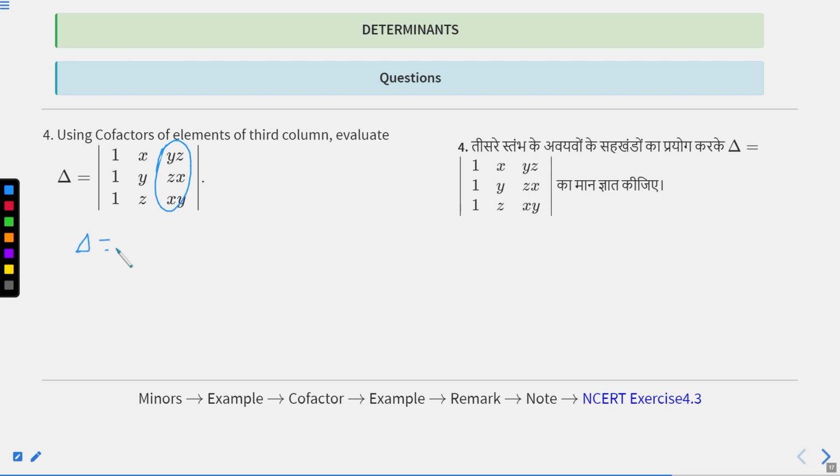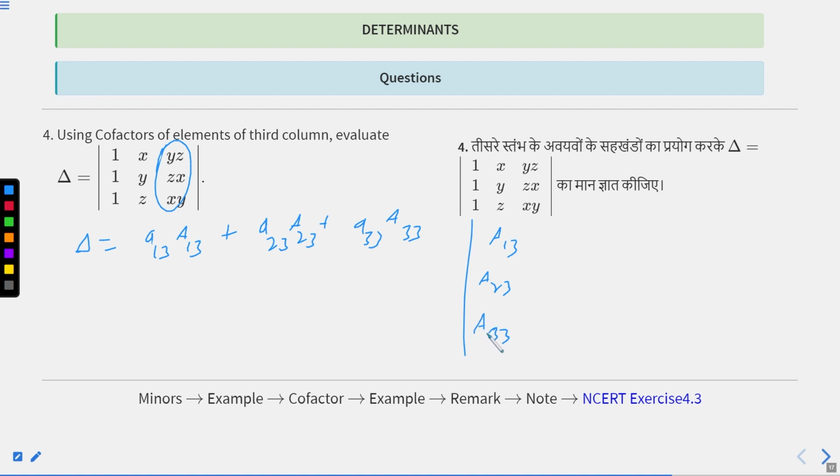So determinant will be, this position is nothing but a13, so it will be a13 plus a23 plus a33. So in order to find the determinant we must know a13, a23 and a33.